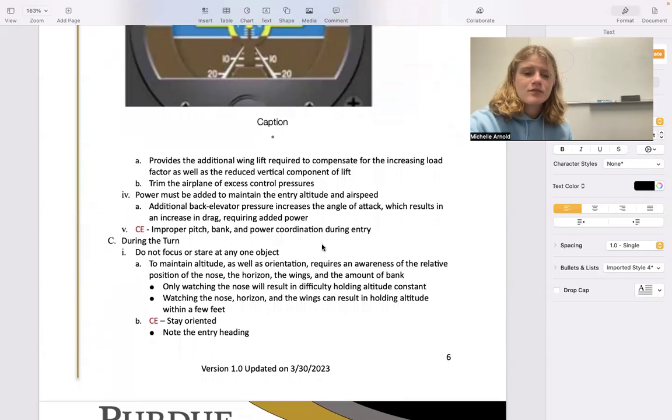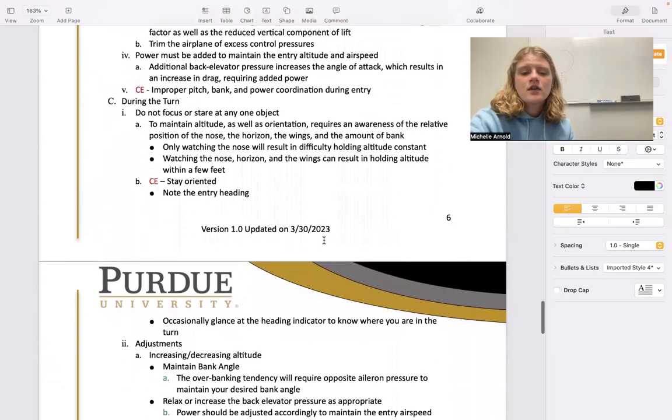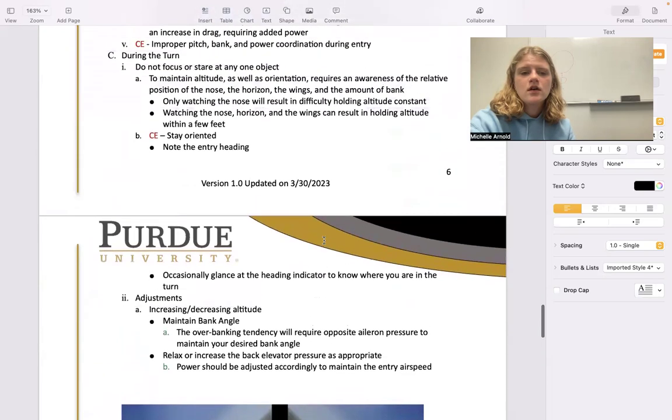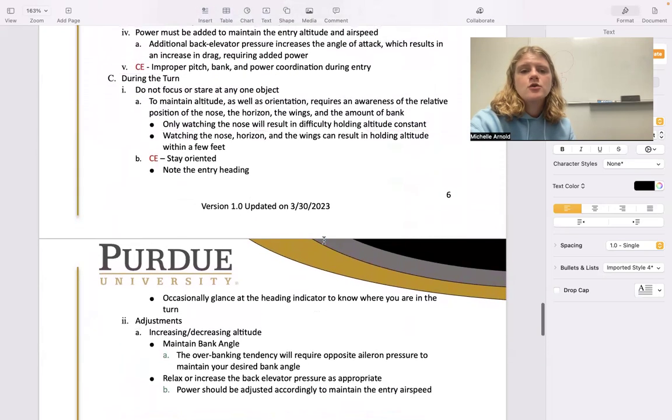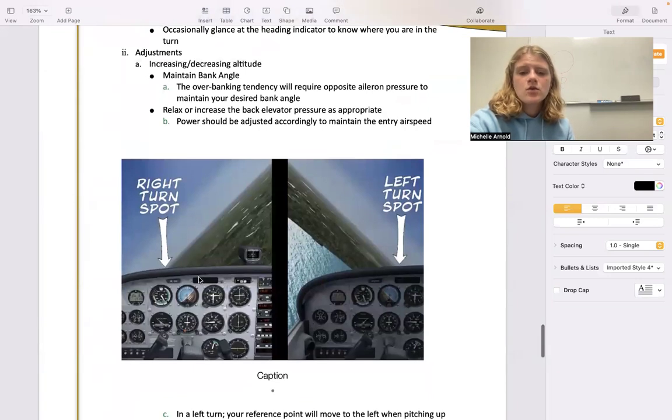Okay, so during the turn, do not focus or stare at any one object. You are going to want to find where your horizon intersects with the dashboard.